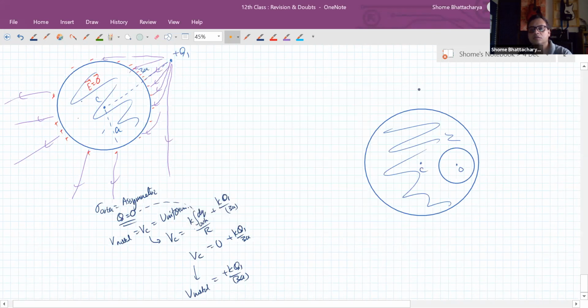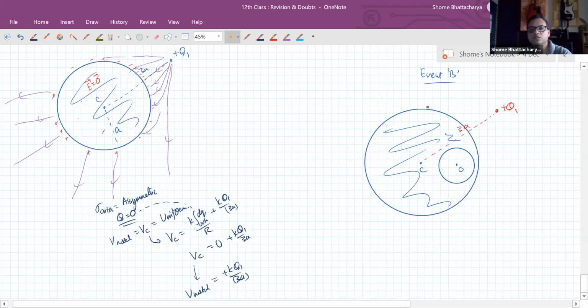Okay. So this is my event B, and I placed this charge, plus q1, somewhere here, which is at a distance of 3a from the center.